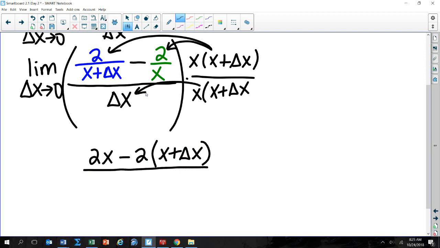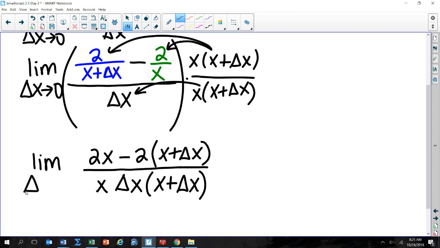Okay. And when I multiply the bottom by the least common multiple, we would have x, delta x, and x plus delta x. You could write the delta x first if you wanted to. Okay, I just visually like it better to have x and then delta x, just so we don't have x and x right next to each other. Okay, and we're still finding the limit as delta x approaches 0.